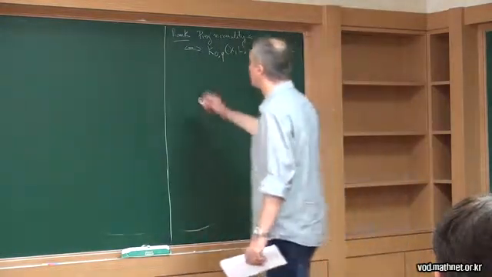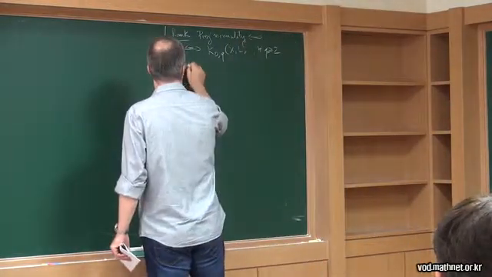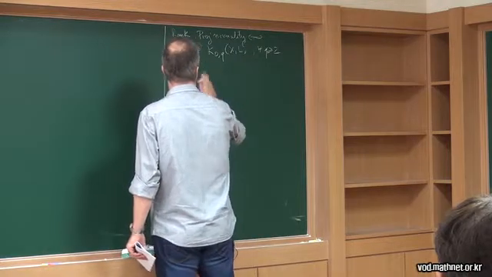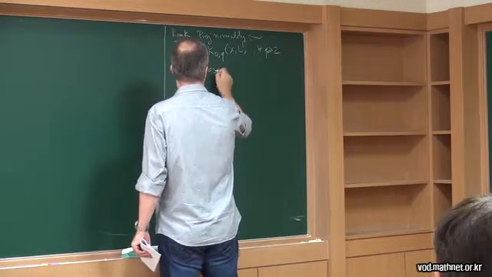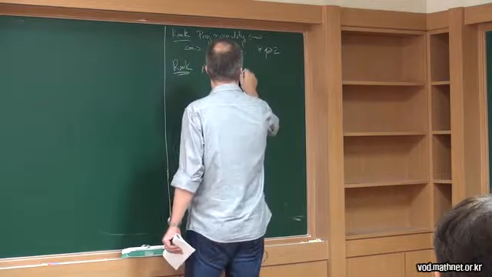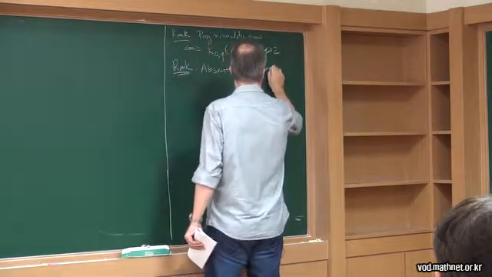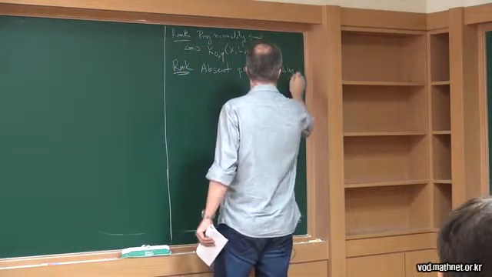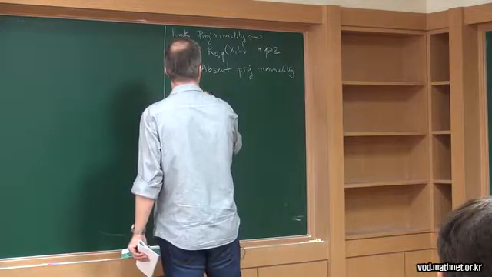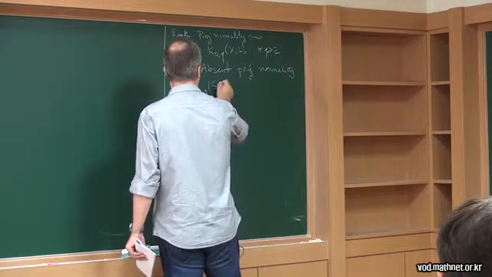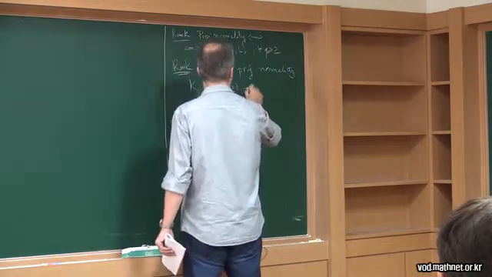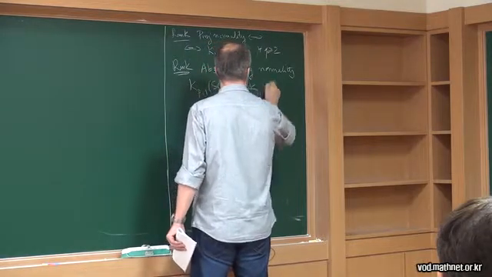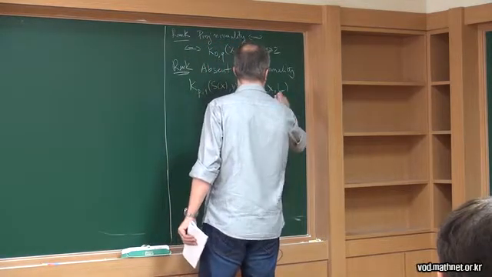But in general, even if we don't have this condition of projective normality, we still have that K_{p,1} of the ideal S_X(V) is isomorphic to K_{p,1}(X, L) for any p.